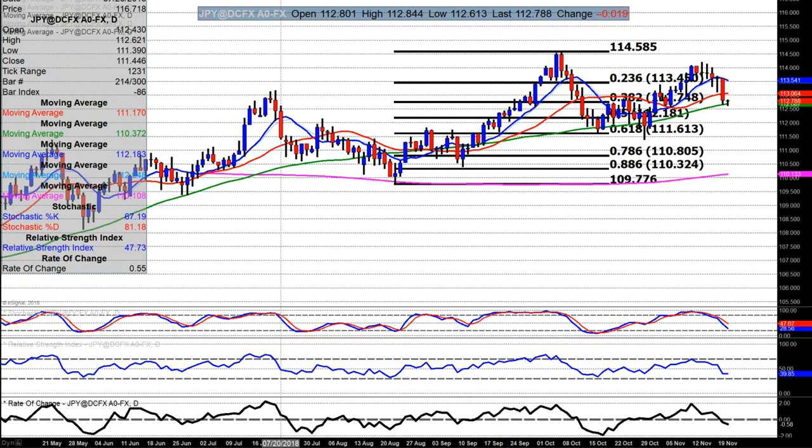If we can't do that, then I think we're coming down to 111.61. I think that's a good enough target on the downside, and that would make the indicators become oversold, and then maybe we can rally again. But again, in this market at this moment, we're looking to sell into strength for the reasons obviously that you can see on this particular chart.